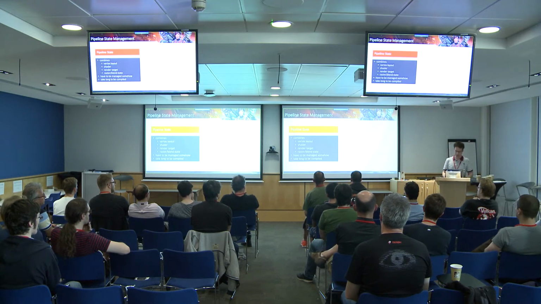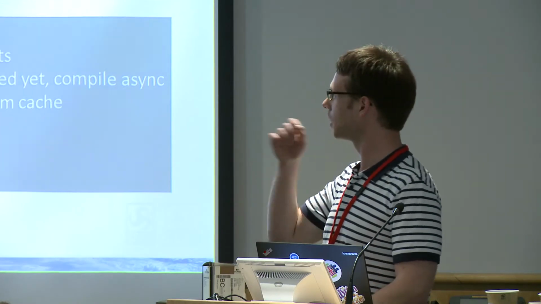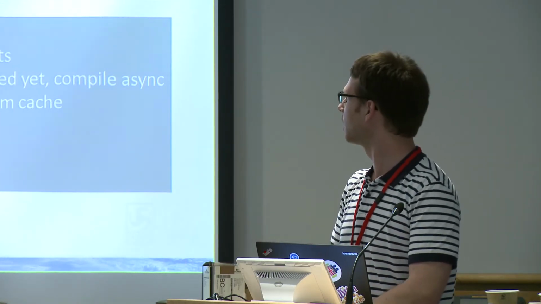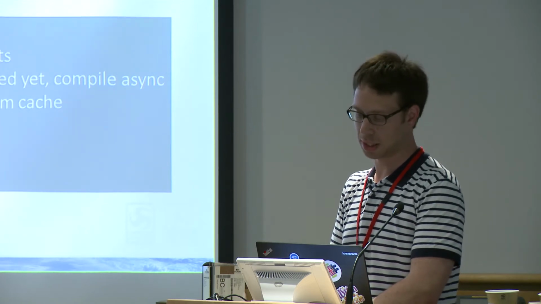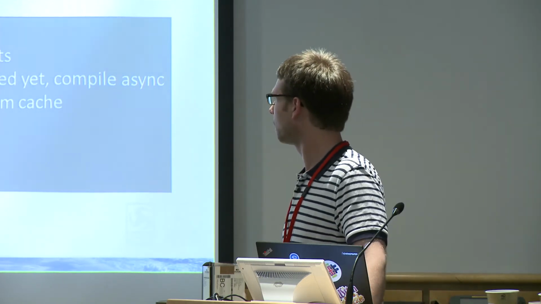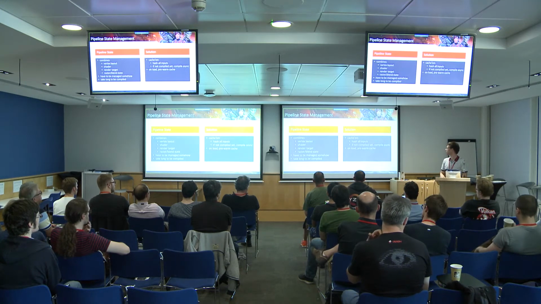So our solution for this is that we, again, create a cache on our side. We take all the inputs that we have on the left side and put all the pipeline state objects that we have for one hash into a map, and then retrieve it later if it's already available. If it's not compiled yet, we are going to compile it asynchronously.